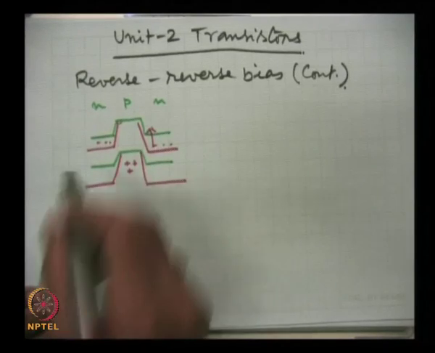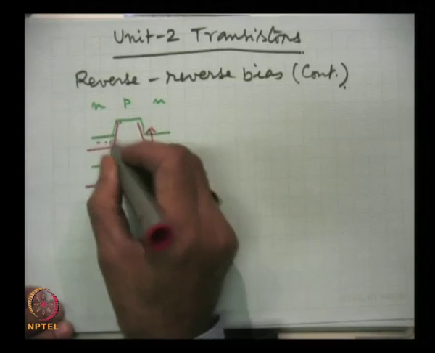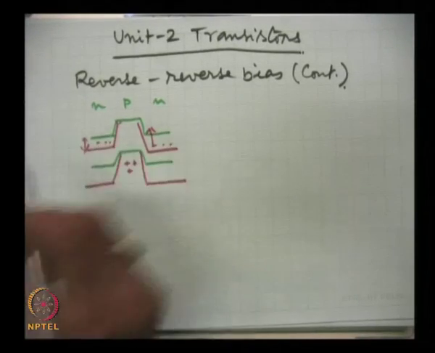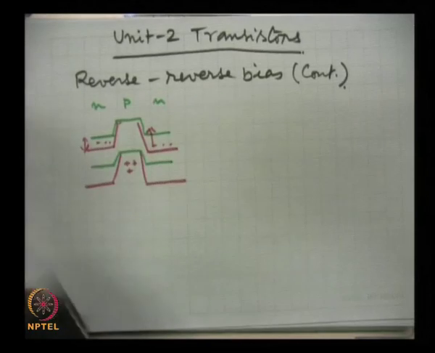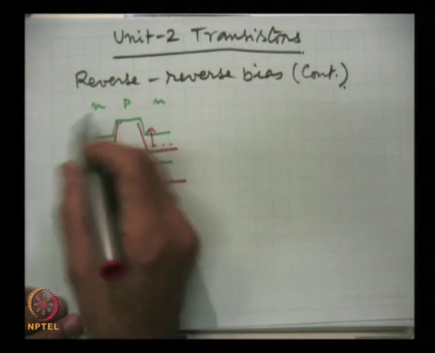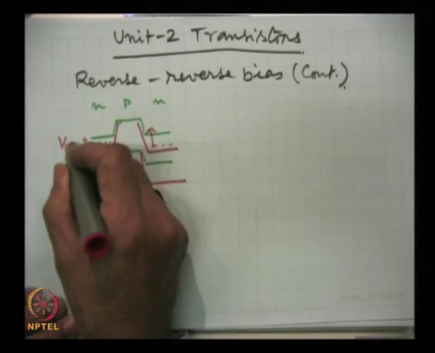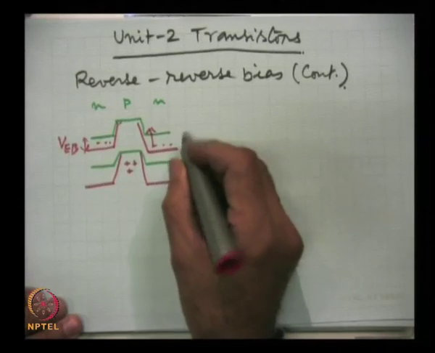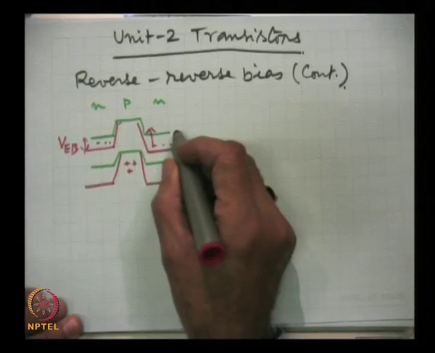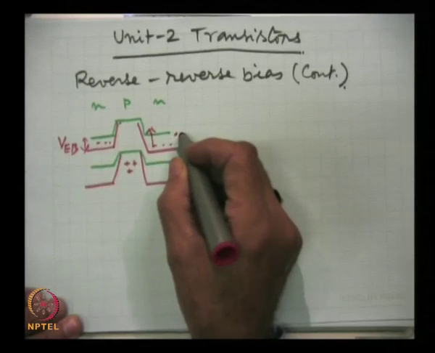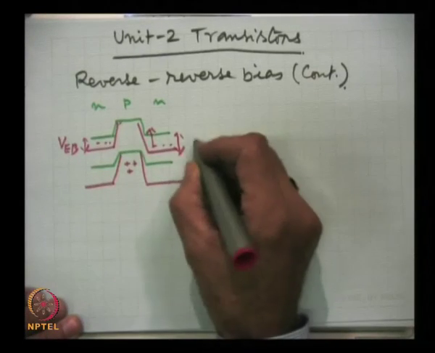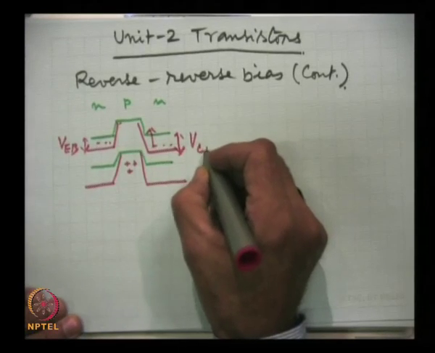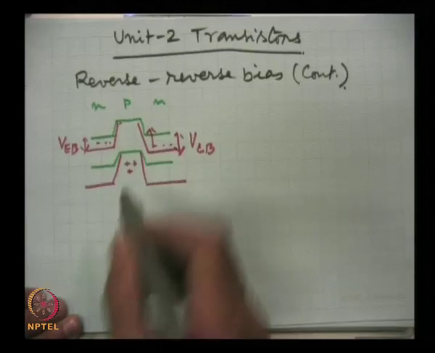So of course this difference in the two is equal to the voltage which will be present between emitter and base junction, which we write as VEB, and this difference from here to here will be VCB.